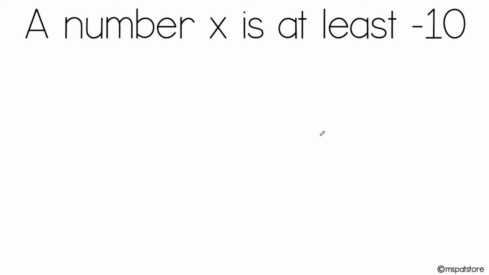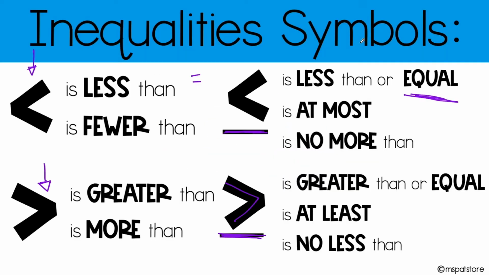The key word in here is at least. This phrase can help you remember those symbols. So let's go back to the symbols. This one is less than or fewer than. This one is greater than or more than. This one is less than or equal, at most, no more than.